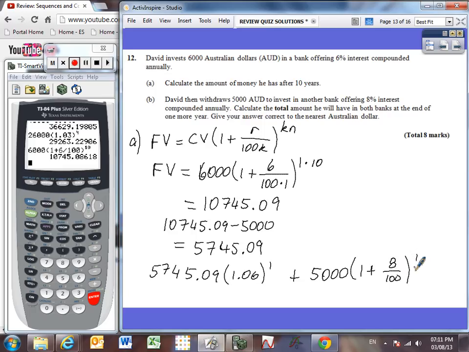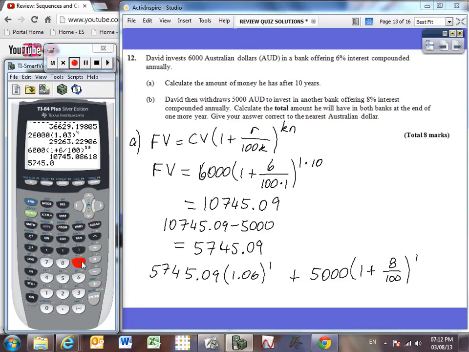So let's add these two amounts together. So we've got 5,745.09 multiplying 1.06. And to this amount we're going to add 5,000, which is multiplying 1 plus 8%, which I'm just going to write here as 8 over 100.